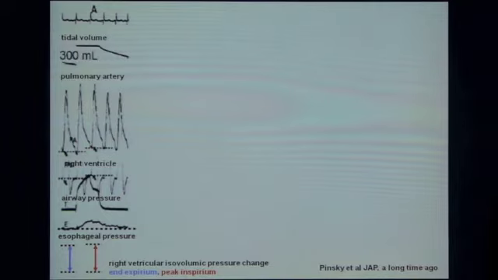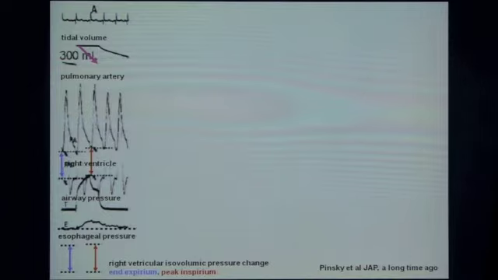What is shown here is a plot of right ventricular and pulmonary artery pressure curves superimposed with airway pressure. The pink arrow above shows the tidal volume, 300 cc's. Right ventricle and pulmonary artery pressure curves are shown there, denoted by these two arrows, which show the values in end expiration and peak inspiration, and the arrows are the right ventricular isovolumic pressure change.